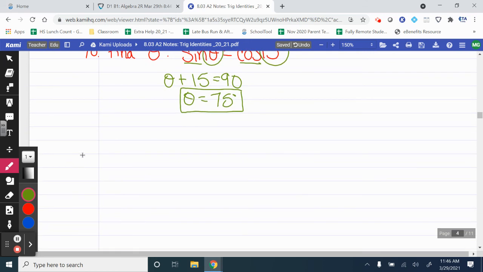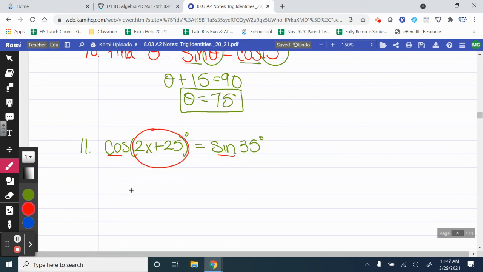Okay, let's try another one. Cosine, a little harder, of 2x plus 25 degrees equals sine of 35 degrees. And find x. All right, so again, we see that they're set equal to each other, cosine and sine, which means their angles, so the 2x plus 25 and the 35 have to add to 90 degrees.